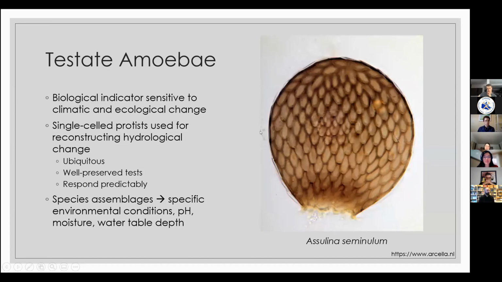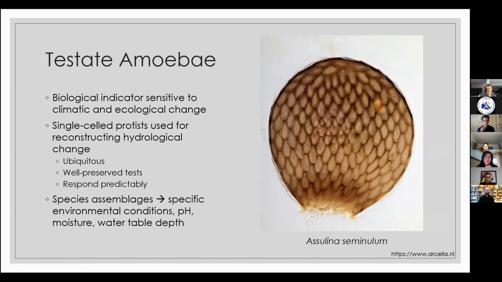And for me personally, now I'm working on identifying testate amoebae and characterizing the species assemblages. Testate amoebae are biological indicators that are sensitive to climatic and ecological change. Because they respond so predictably to water table depth, they're well preserved and they're ubiquitous.